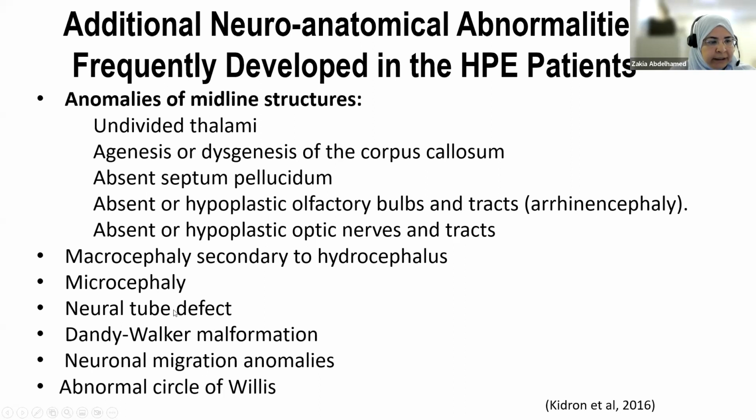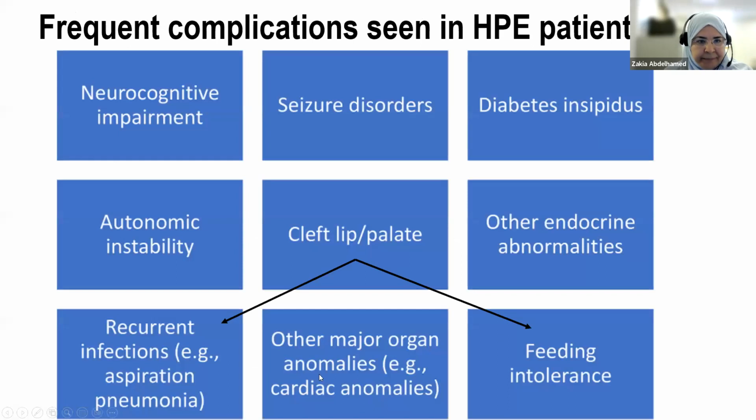Microcephaly is more common. Neural tube defects sometimes occur. Dandy-Walker malformation occurs, especially if the gene is involved in hindbrain development from the beginning, as I will touch on later on. Neuronal migration anomalies are also very common, and an abnormal circle of Willis is also common.